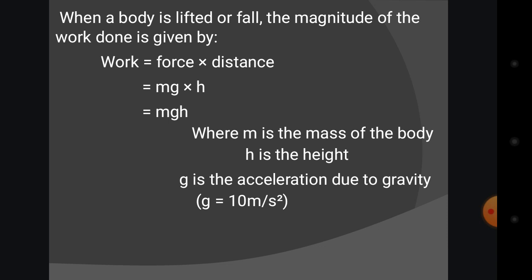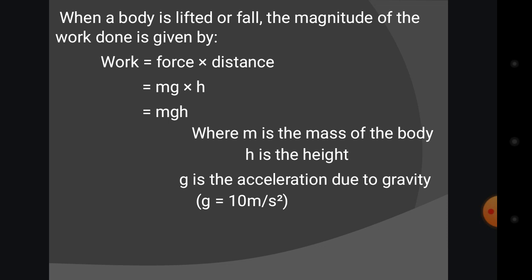So the work is equal to mass times the acceleration due to gravity times the height, where m is the mass of the body, the quantity of the body, h is the height, while g is the acceleration due to gravity, which has a constant value of either 9.8 meters per second squared, or 10 only, because if it is 9.8, you can do the approximation.